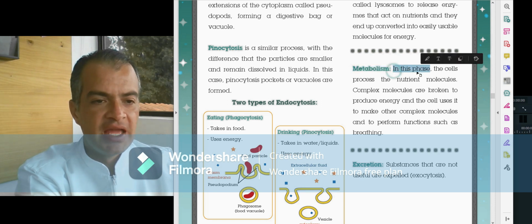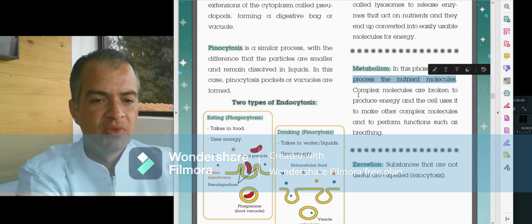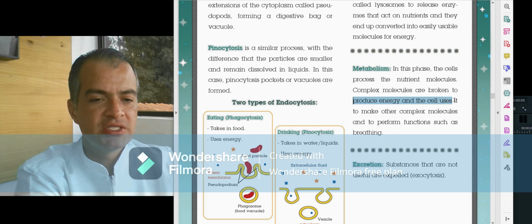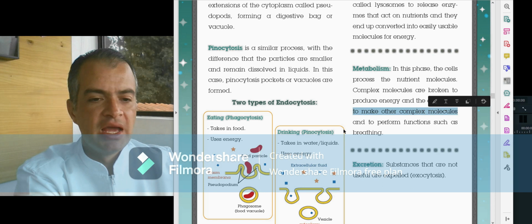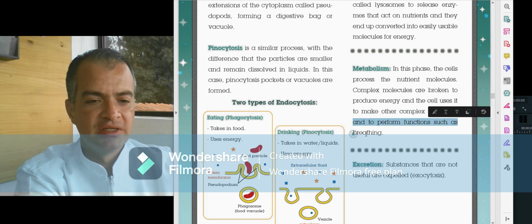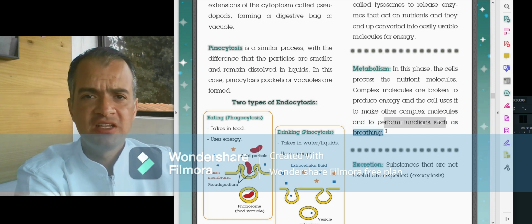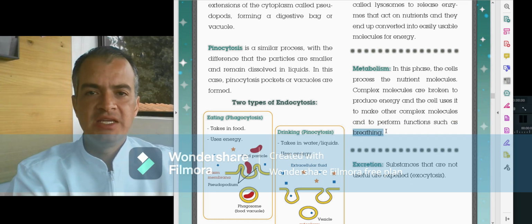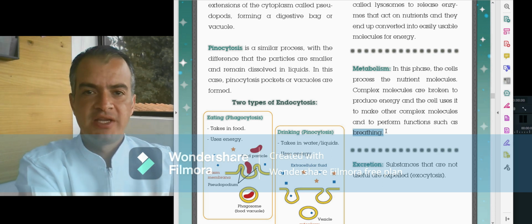In this phase, the cells process the nutrient molecules. Complex molecules are broken down to produce energy, and the cell uses it to make other complex molecules and to perform functions such as breathing. To do all the vital functions: breathing, eating, circulation, excretion, reproduction, etc.